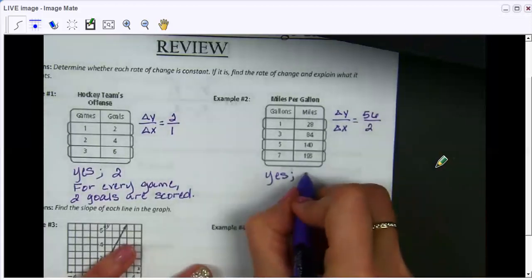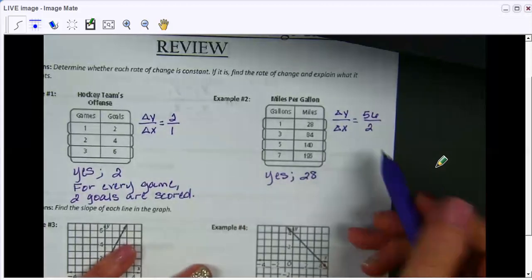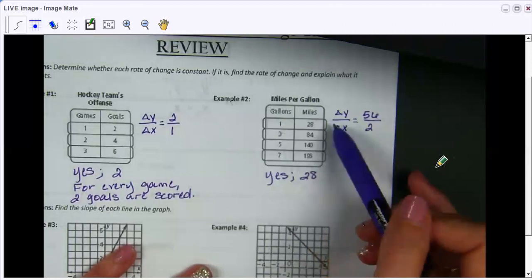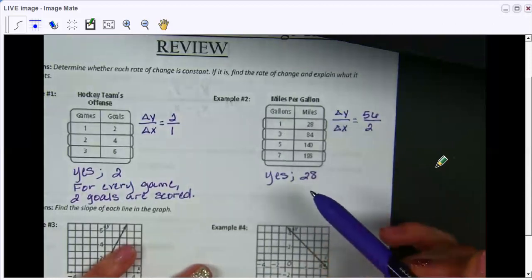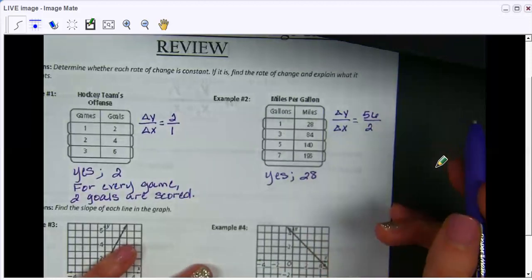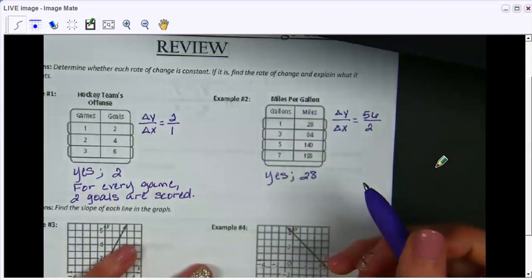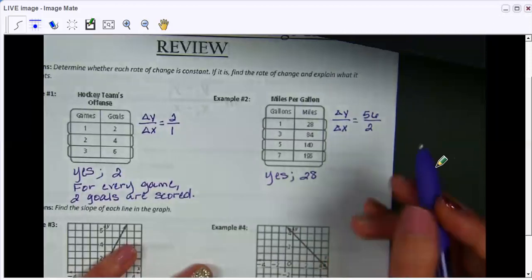So this is your rate of change, 28. Okay, so what does this mean in terms of this situation right here? So for every single gallon used, 28 miles driven. Or you can even reverse it and say you can drive 28 miles on 1 gallon of gas, or 28 miles per gallon.